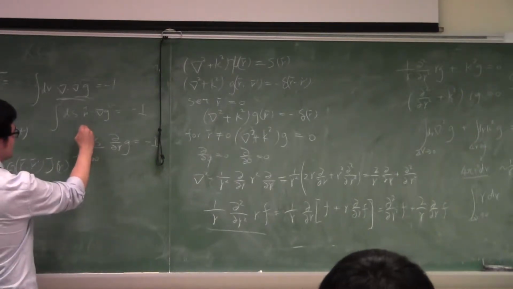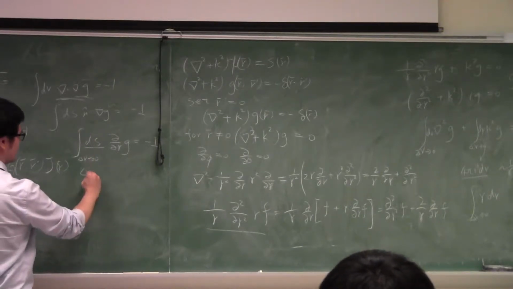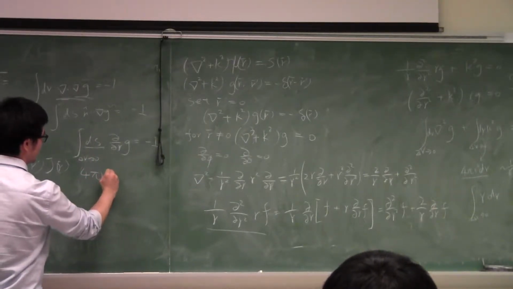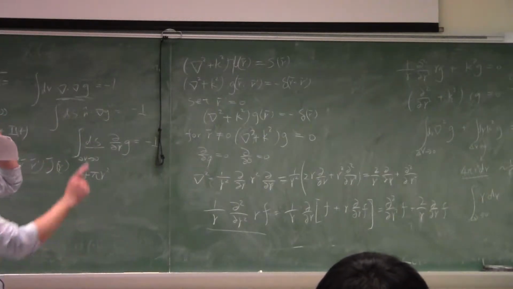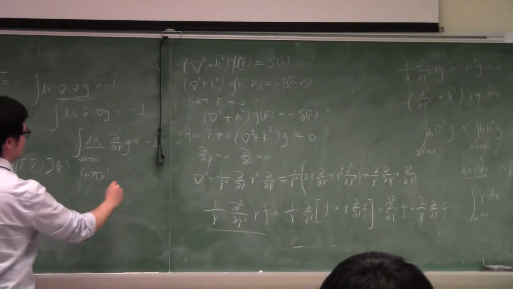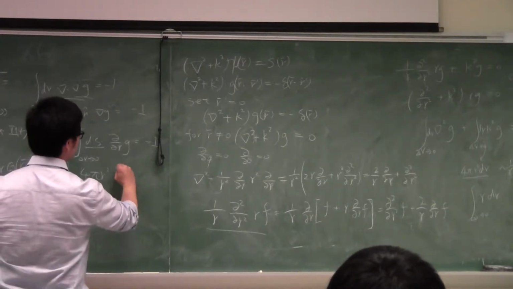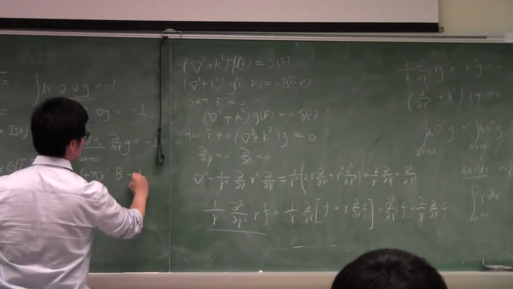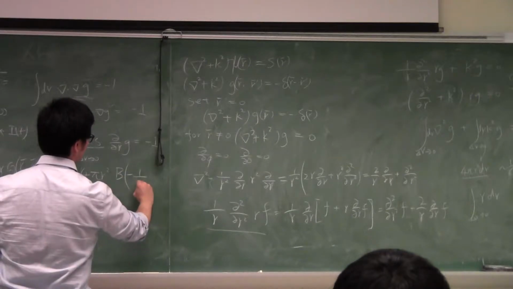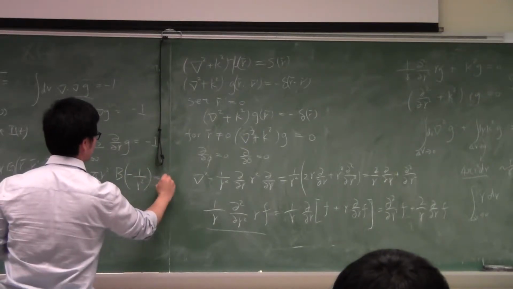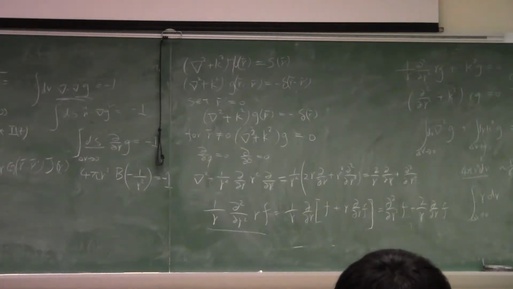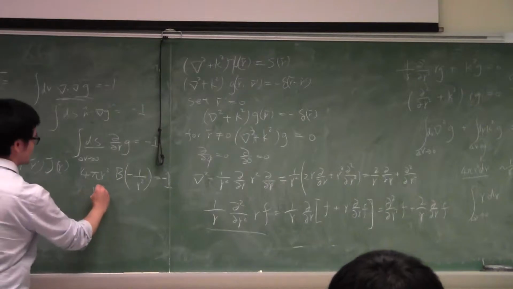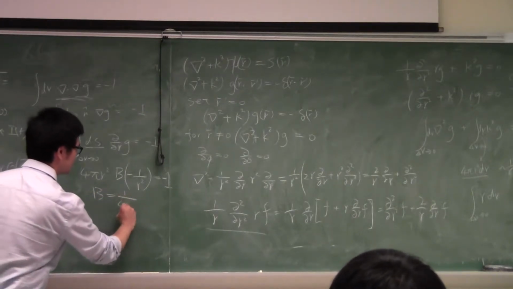So the integration of dS will become 4 pi r squared, right? And then the exponential becomes 1, and the derivative of 1 over r will give me b times minus 1 over r squared, right? So now we can see that b is simply 1 over 4 pi.